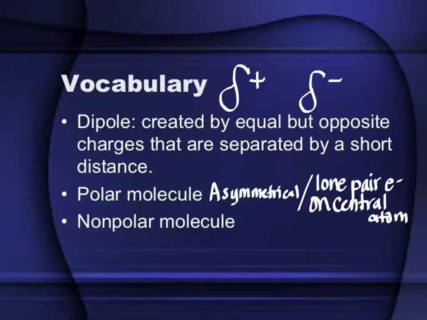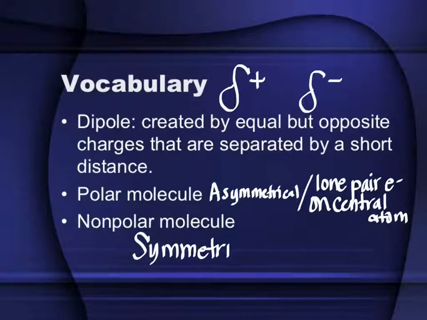We had 2 examples a while ago. We had bent, which had lone pair electrons, and trigonal pyramidal, which had lone pair electrons. Because they have lone pair electrons, they will always be polar molecules. A nonpolar molecule is symmetrical.